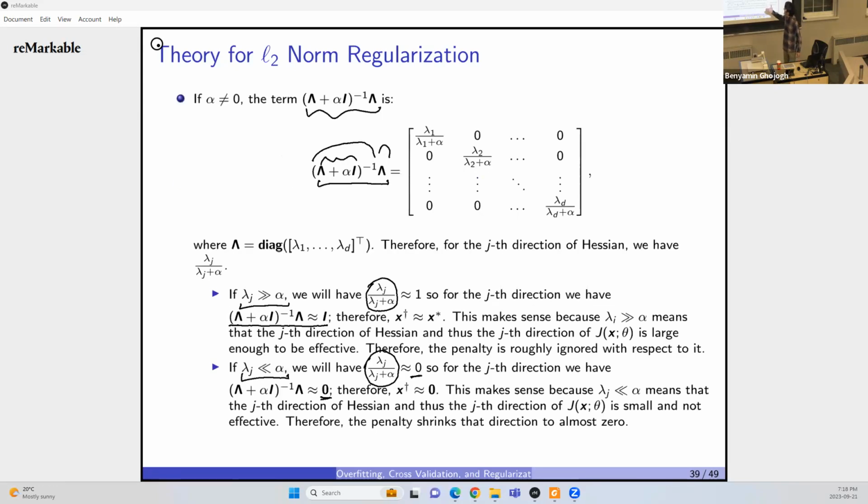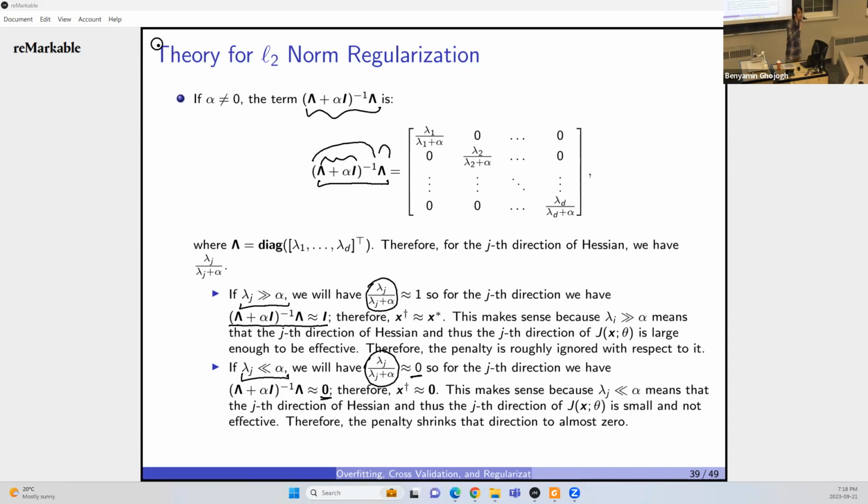So we have two cases. For some dimensionalities, lambda j is much greater than alpha. What was alpha? The regularization parameter, the weight for regularization, right? And what was lambda j? The eigenvalue of the Hessian, right?